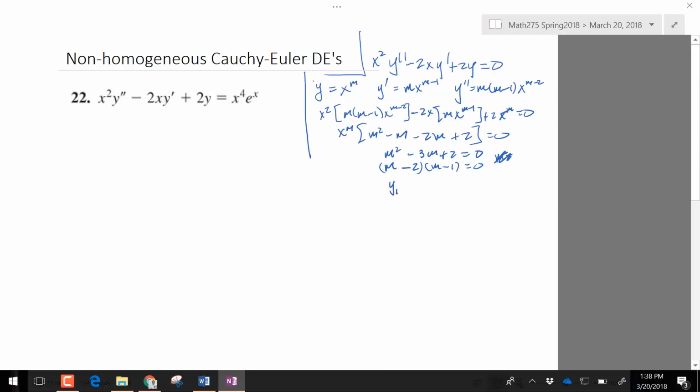So we got our y1 is equal to x, and our y2 is equal to x squared. I think that's right. So that's the homogeneous solution to the homogeneous part.